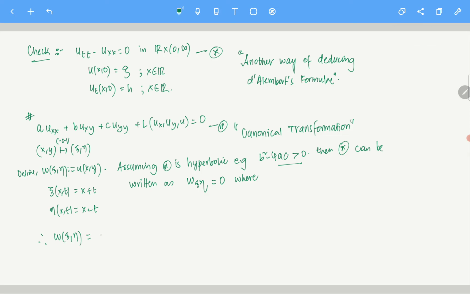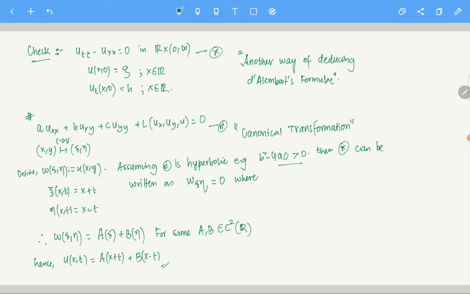It is some function, let's say capital A of xi plus capital B of eta, for some A, B in C2 of R. Clear? So you can write w like that, and hence u of x, t equals some function of x plus t plus some function of x minus t. Clear?